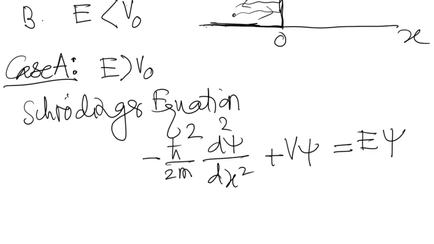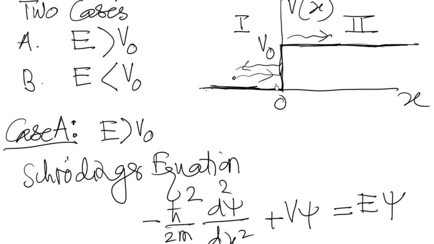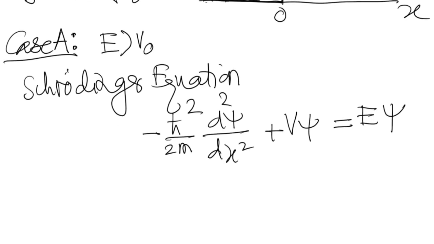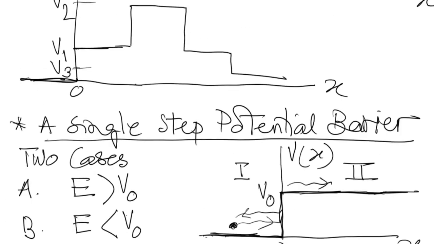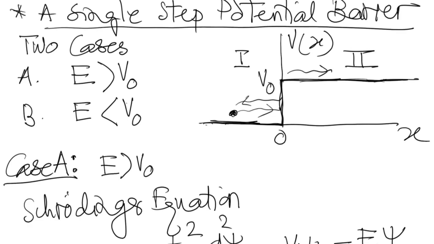We have a particle on the left of x equal to 0, and this particle is incident on this potential barrier. A part will be reflected and another part will be transmitted. We have identified two regions in the single step potential barrier. One is when x is less than 0 and region 2 is when x is greater than 0.